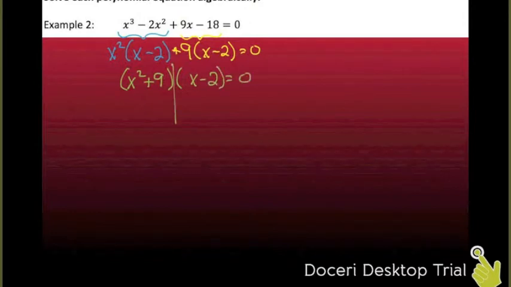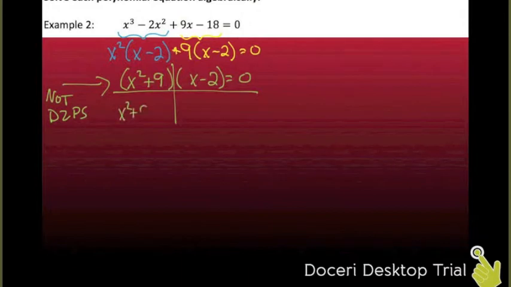And we can go ahead and factor that. This is not the difference of two perfect squares. There's a plus in the middle, so you can't factor that anymore. You're going to have x squared plus 9 equals 0, and x minus 2 equals 0.